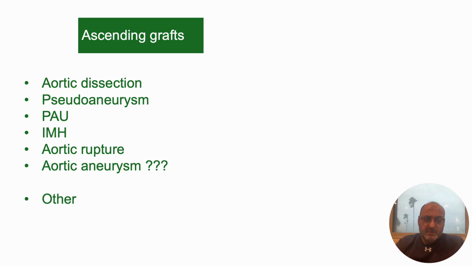Therefore, the newer procedure, which we are going to briefly touch on, is the endovascular procedure. Doing aortic aneurysms is now feasible with endovascular. I will talk a little bit more about it. Others, such as endoleaks and things like that.